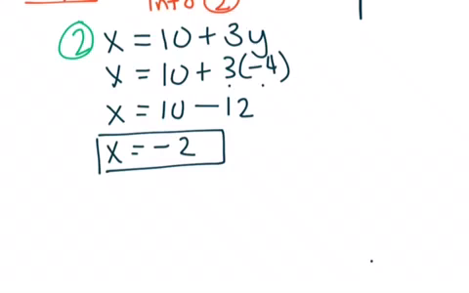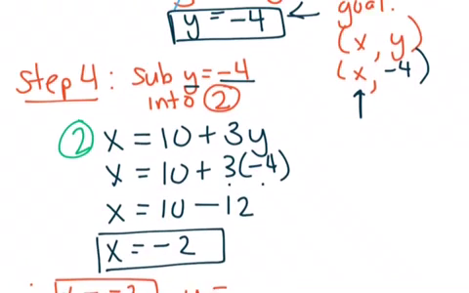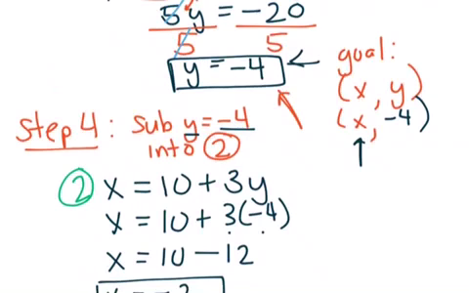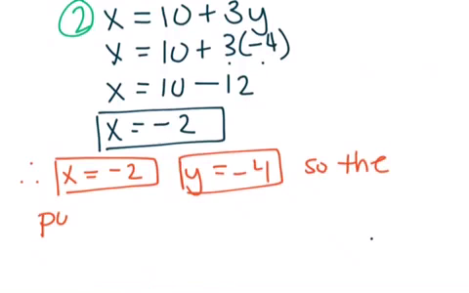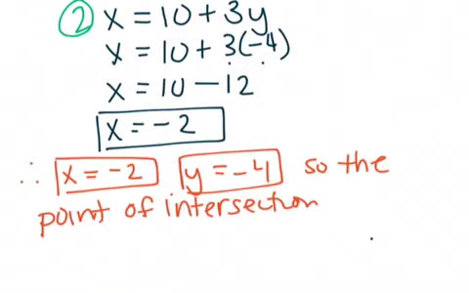So let's write a little conclusion. Therefore, we found that x equals -2. We also found that y equaled, if we take a look up here, -4. So the point of intersection is -2, -4.